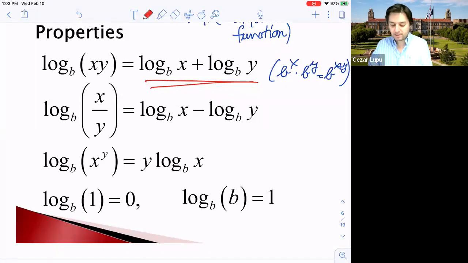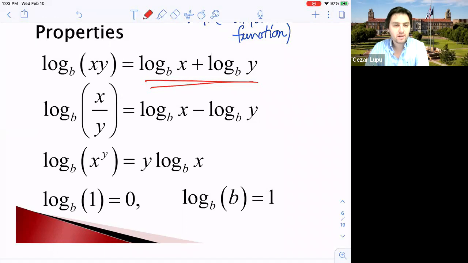Anyway, we'll see examples. Let me erase this here because I want to give some examples as well. Also, the second property is log in base b of x over y. As you can see, I'm taking the quotient of the two numbers.